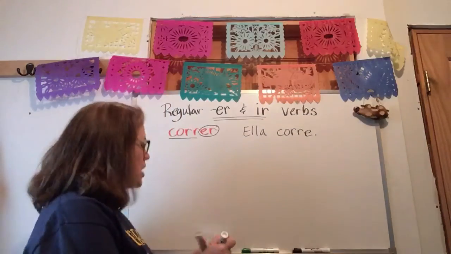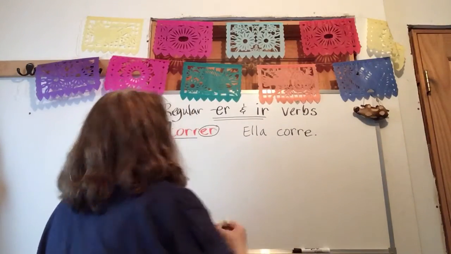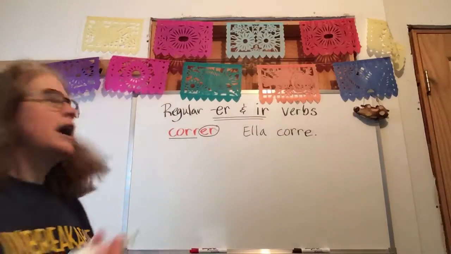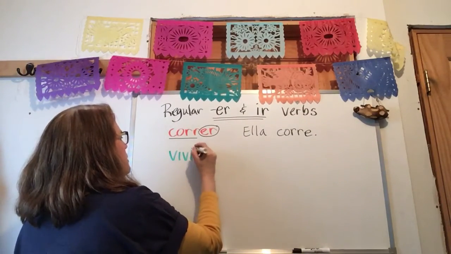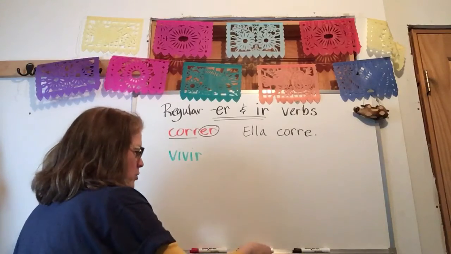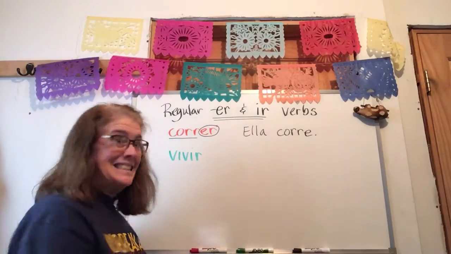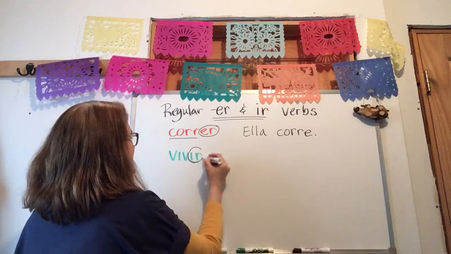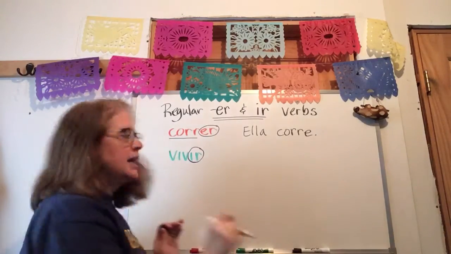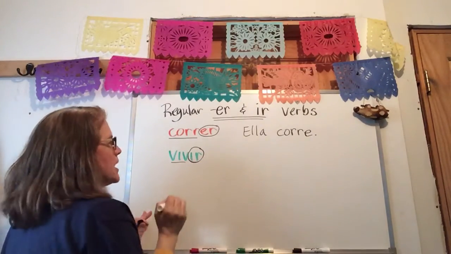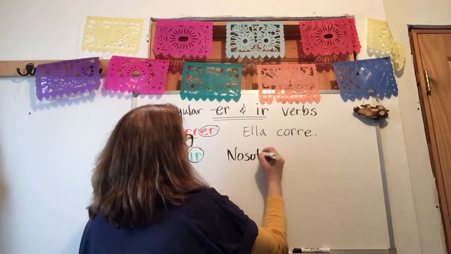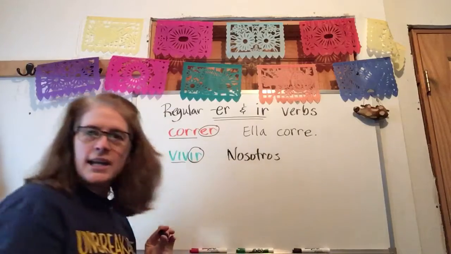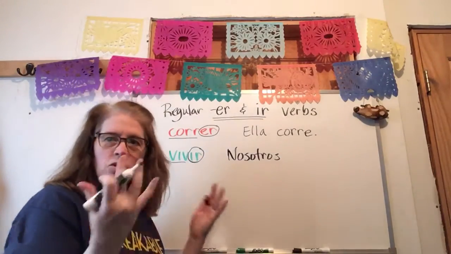Okay, let's try a different one. Let's try one of our IR verbs. This is one that we'll be going over in a minute. Vivir. How many of you remember what it means? To live. Okay, here's our stem. So let's just say we want to say something about where we live. Okay, nosotros, we live in the country or whatever.